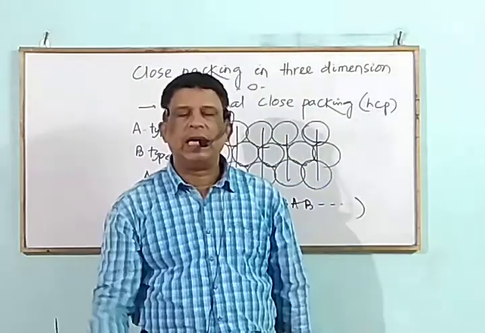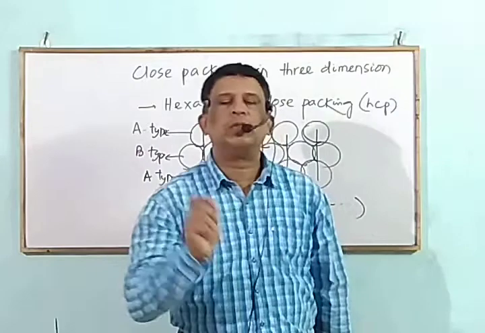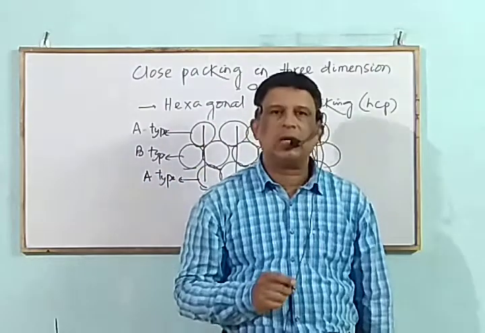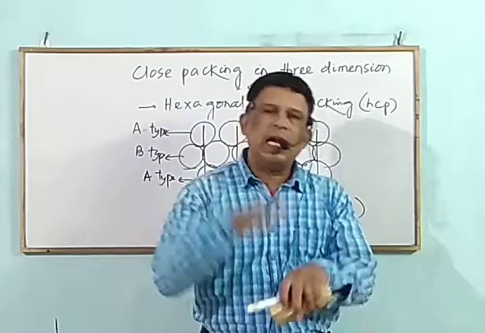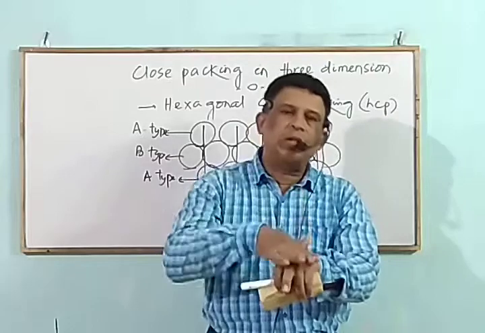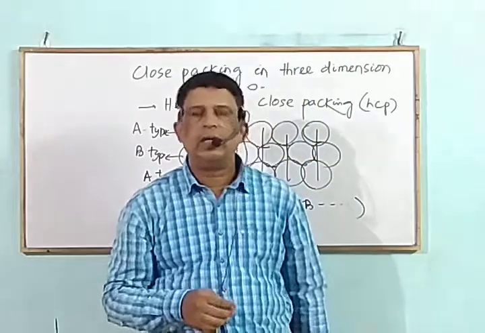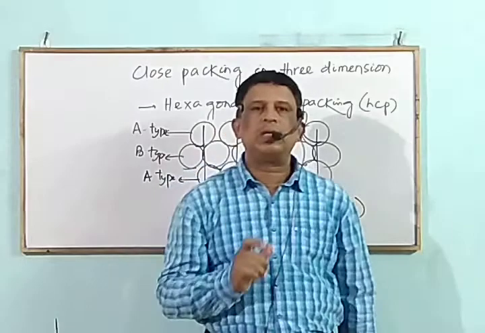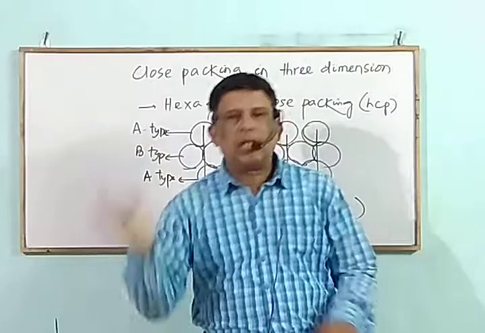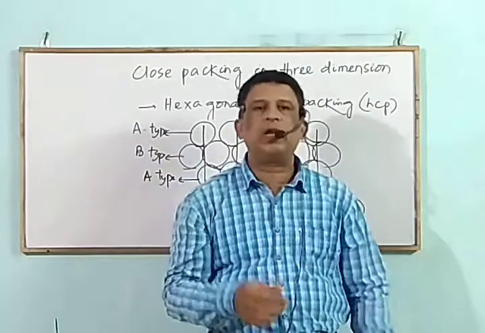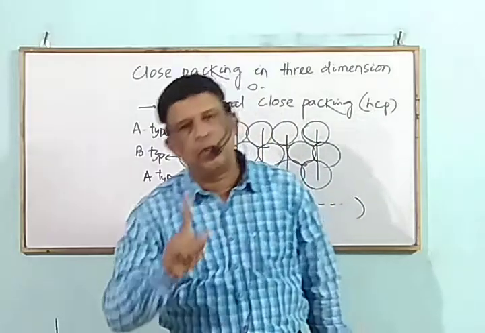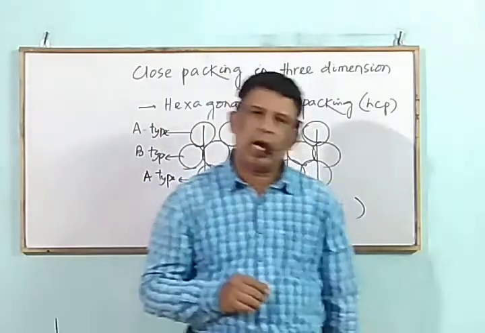Next, move to the second type, that is cubic close packing. In this system also, in three-dimensional close packing, when the second hexagonal planar layer is placed over the depression of the first layer, the constituent atoms are aligned differently. Next, when the third layer is placed over the depression of the second layer, the constituent particles also align differently between the second and third layer.